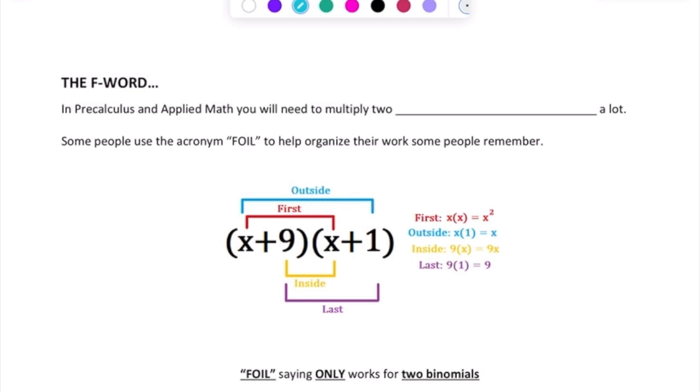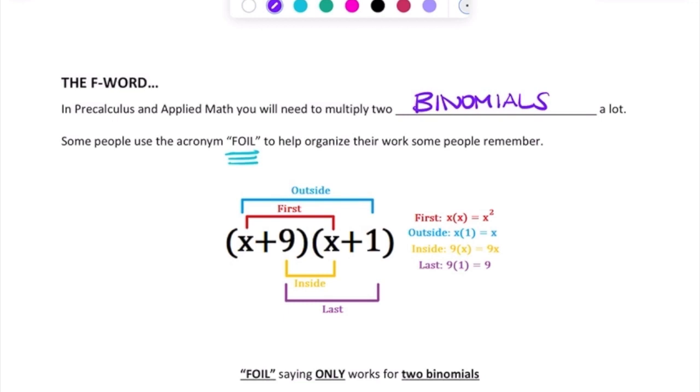And then realize, oh crap, this trick doesn't always work. I mean, it works most of the time, maybe, or maybe even some of the time, but it doesn't work all of the time. Now, FOIL is the specific F word I'm talking about here because it is a common trick you'll hear to help remember people how to multiply two binomials.